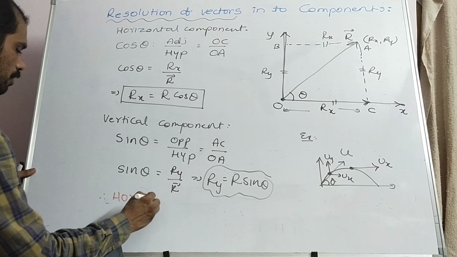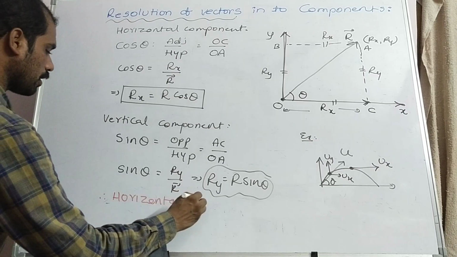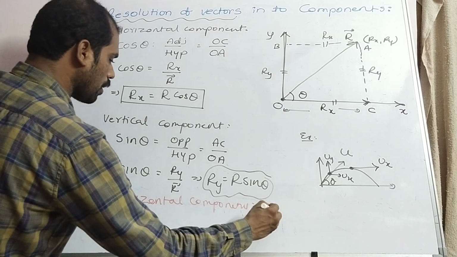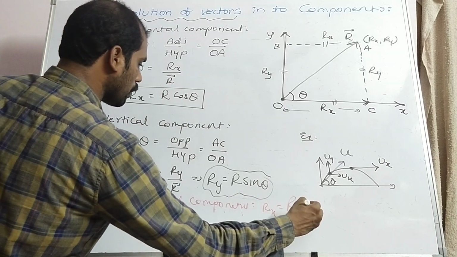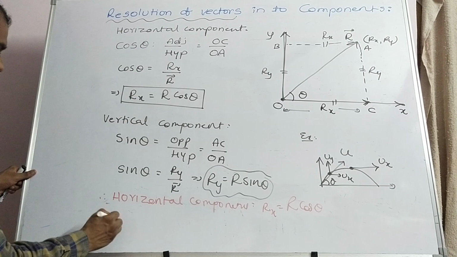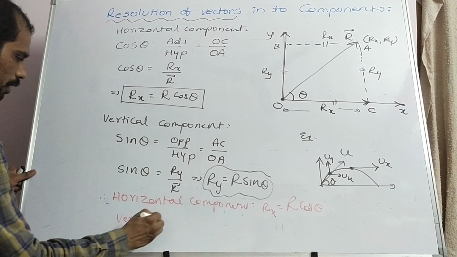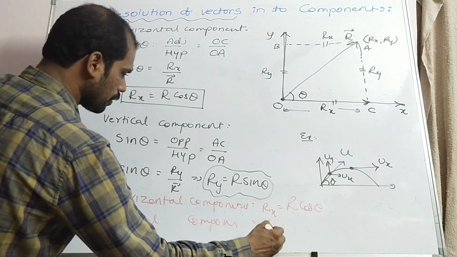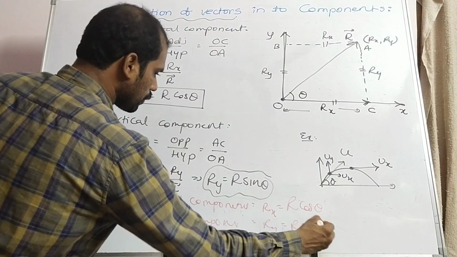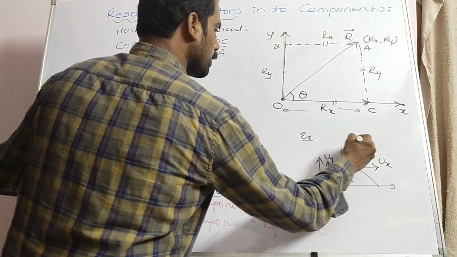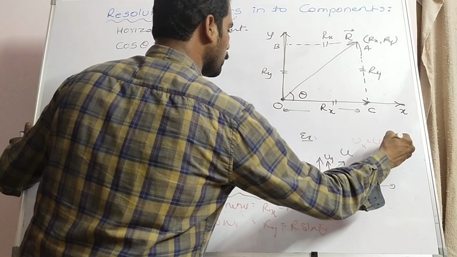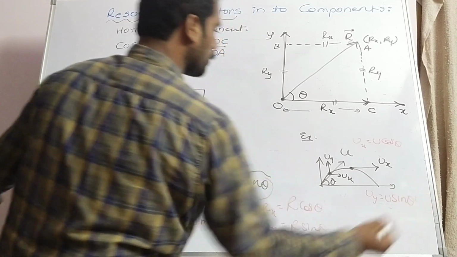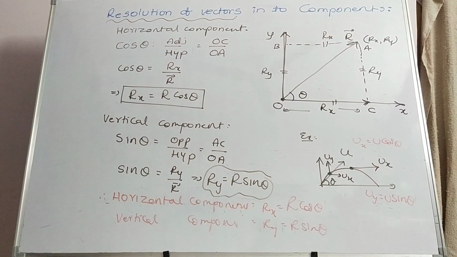Therefore, the horizontal component rx is equal to r cos theta. The vertical component ry is equal to r sin theta. Here ux is equal to u cos theta, and uy is equal to u sin theta.